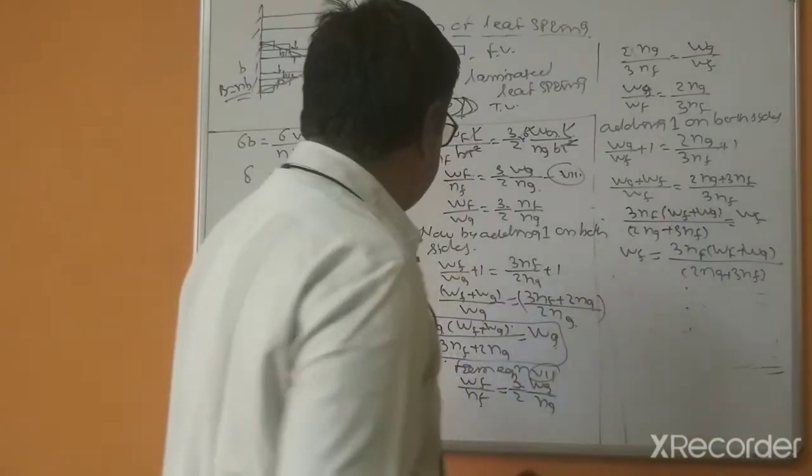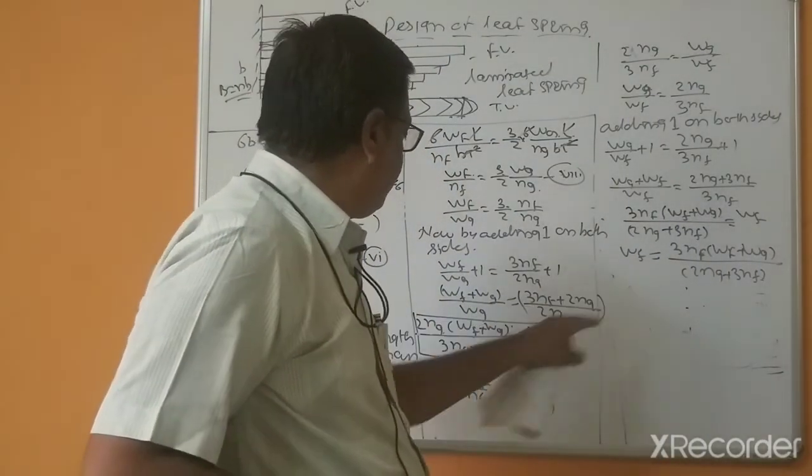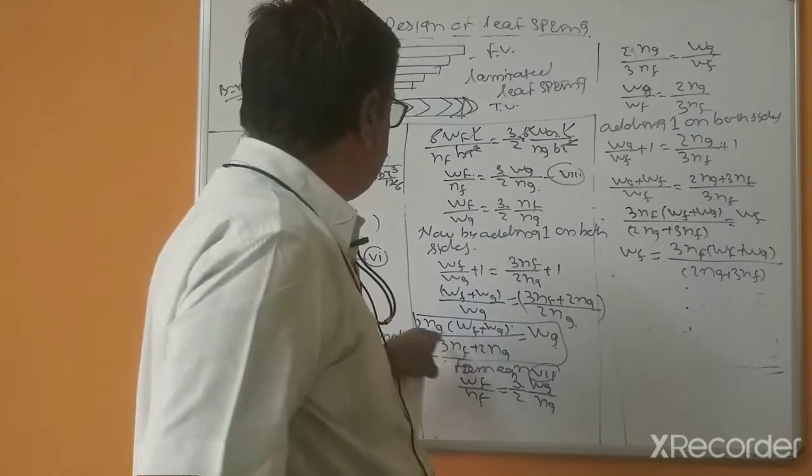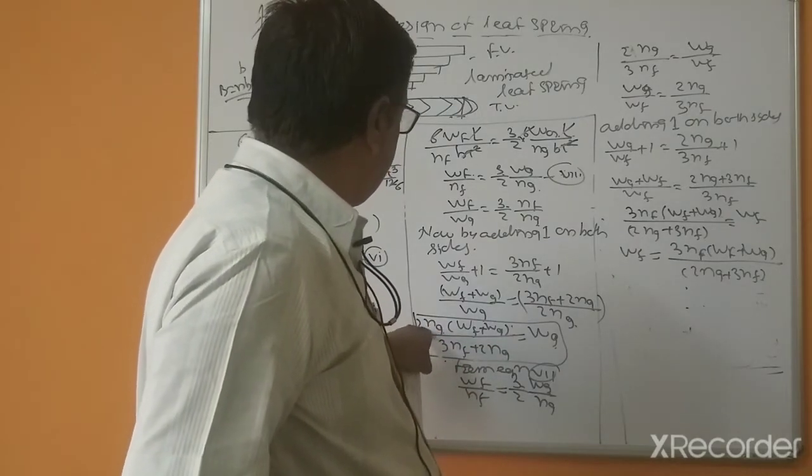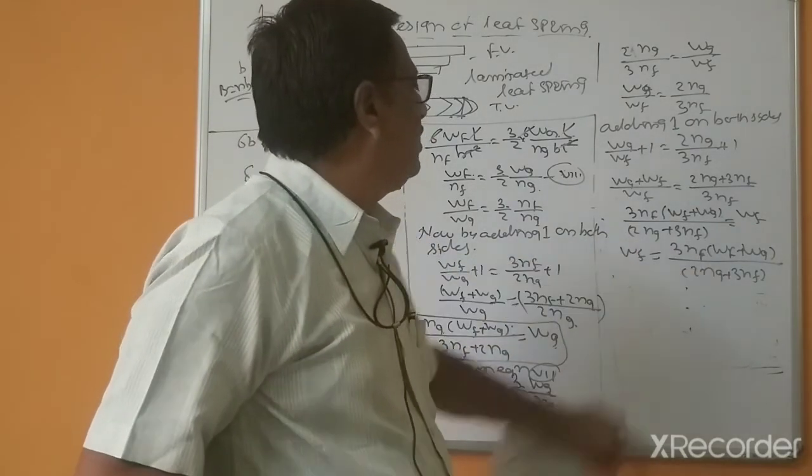So what is the change here? 3NF is the same, 2NG is the same, only instead of 2NG, this becomes 3NF.